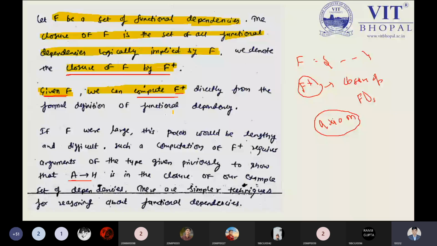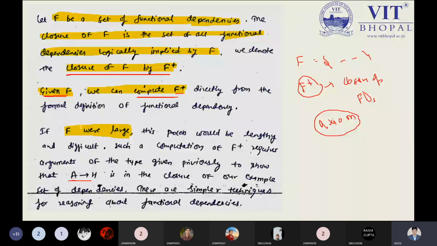If F is large, this is a big point we have to keep in mind while solving the problem. It means we have a set of functional dependencies in large volume. So definitely our computation will be lengthy because we do not have a limited number of functional dependencies. Suppose we have 10 to 20 functional dependencies.